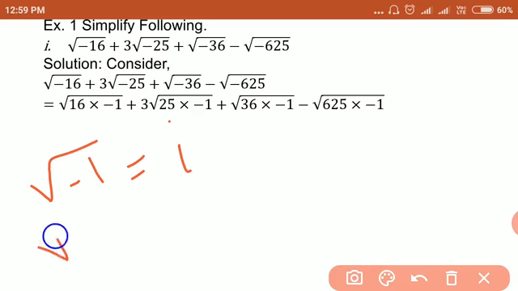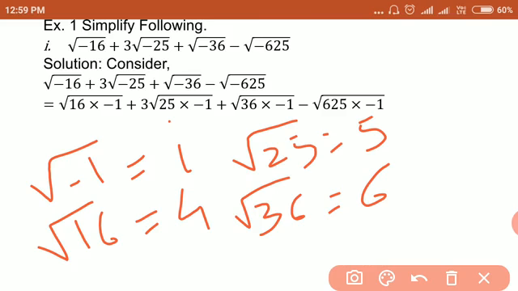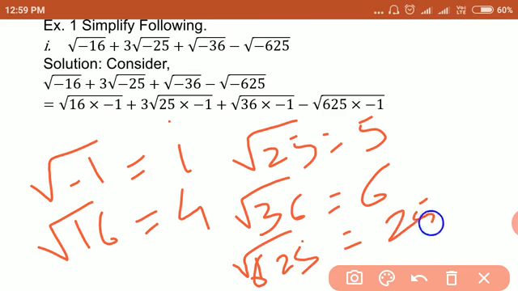Also, square root of 16 is equal to 4. We know that square root of 25 is equal to 5. Square root of 36 is equal to 6. Similarly, square root of 625 is equal to 25.